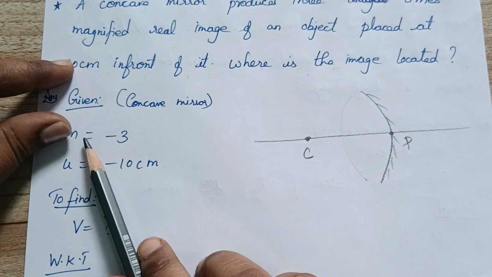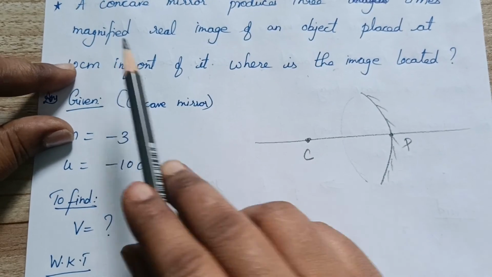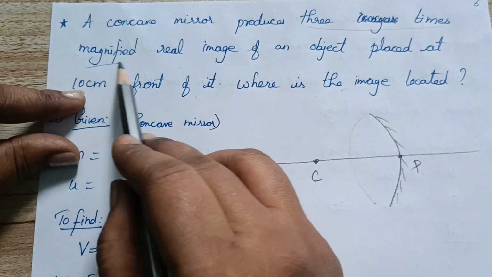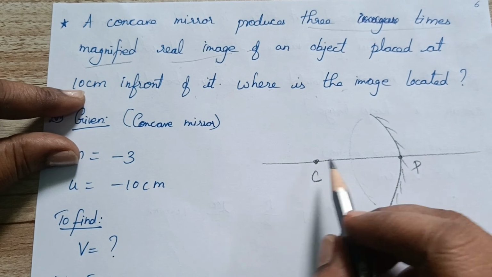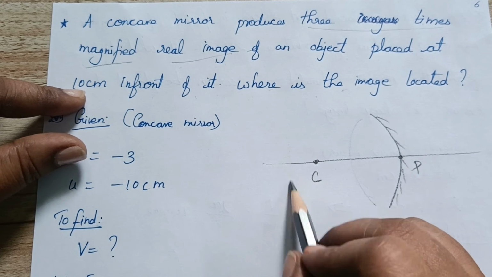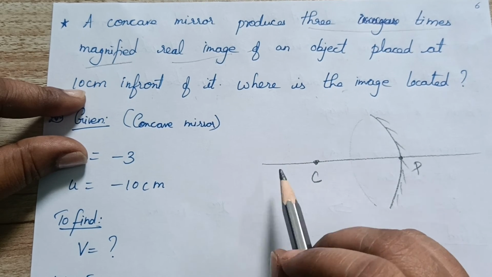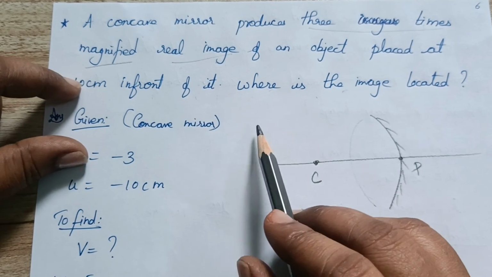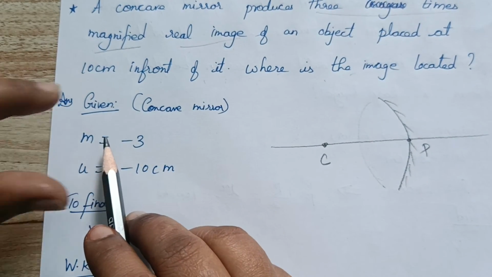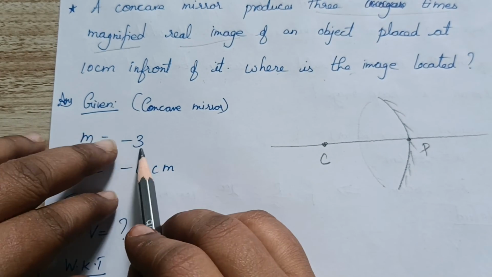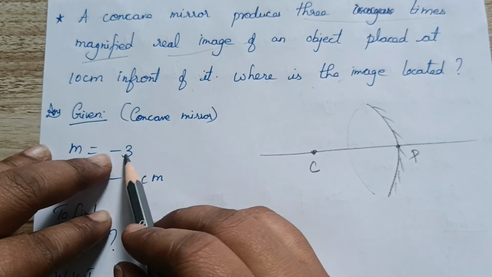The concave mirror produces a 3 times magnified real image. Real image means definitely it will lie in front of this mirror. Magnification m equals 3. Why have we put the 3?